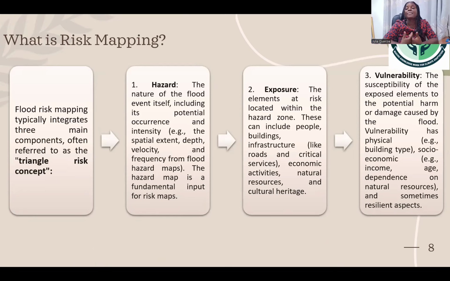So exposure simply looks at the elements lying within the particular zone which is being considered. And these things may be natural resources, economic resources or economic activities, or even cultural heritage.